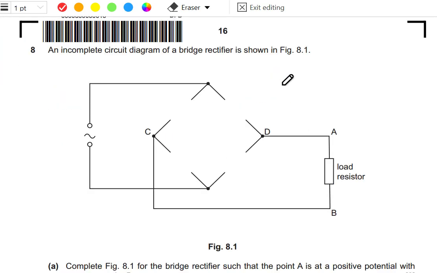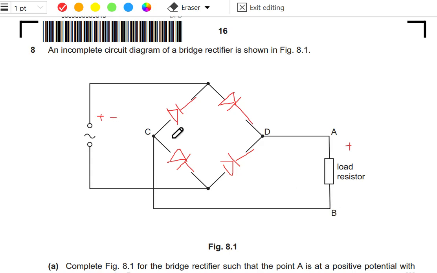Complete circuit diagram of bridge rectifier. Here is one diode, here is the other. All towards the left. You can check here. Here is positive. Go for here. This is closed. This is open. So here is positive.